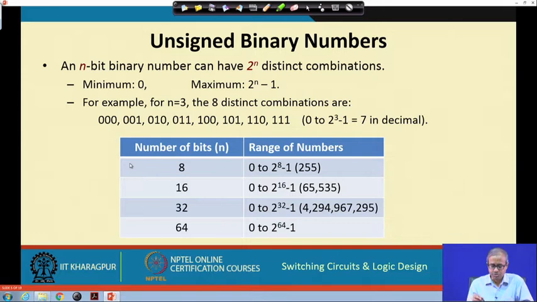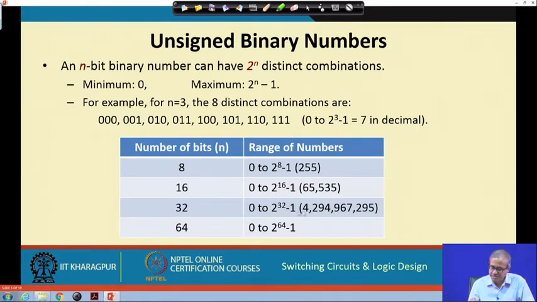This table shows how the range of the numbers changes as the value of n increases. For 8 bits, it will go up to 2 to the power 8 minus 1, meaning 256 minus 1, which is 255. For 16 bits, this is 65535.